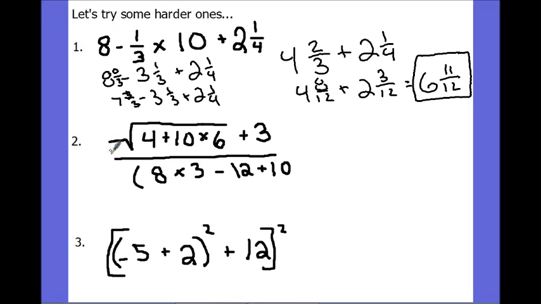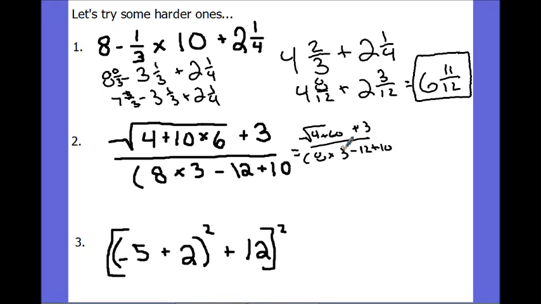Alright, over here, remember, square root is a grouping symbol. So I'm going to go ahead and do everything on the top, and then everything on the bottom, and then I'm going to divide. So we're going 10 times 6 is 60. So now I have the square root of 4 plus 60, plus 3 over 8 times 3 minus 12 plus 10.